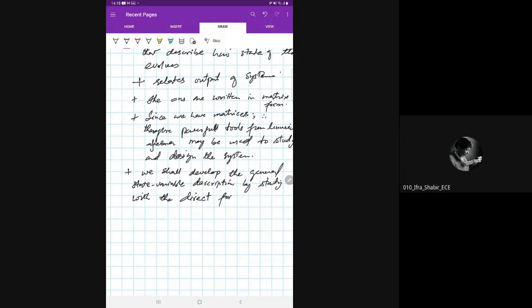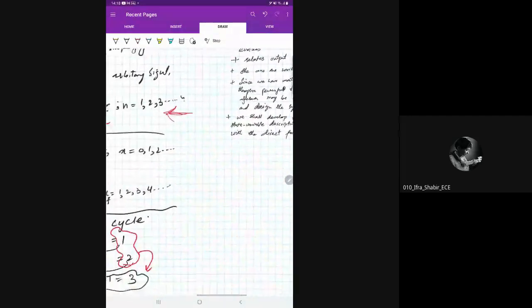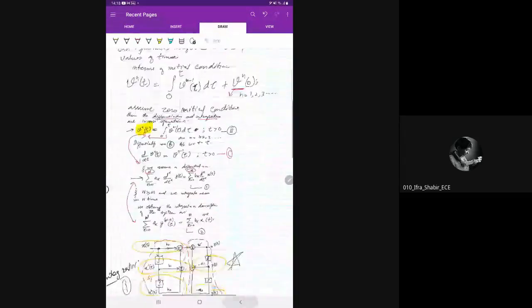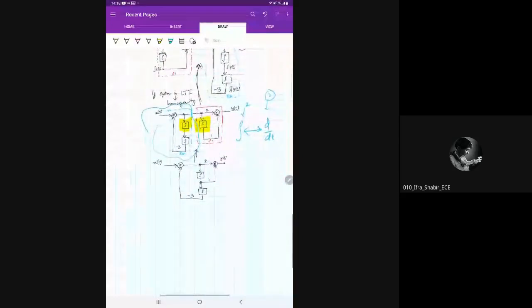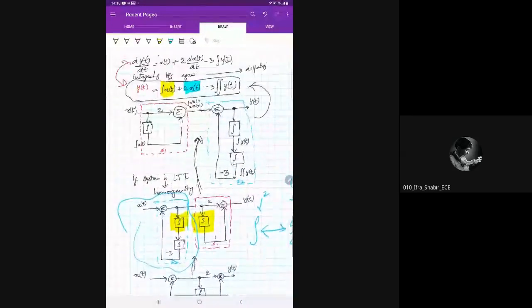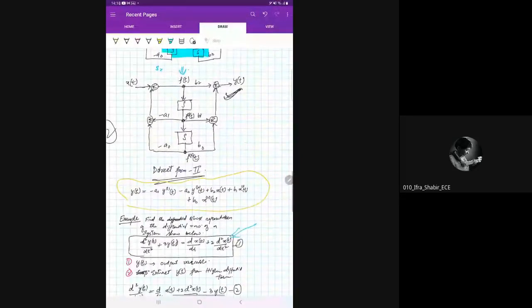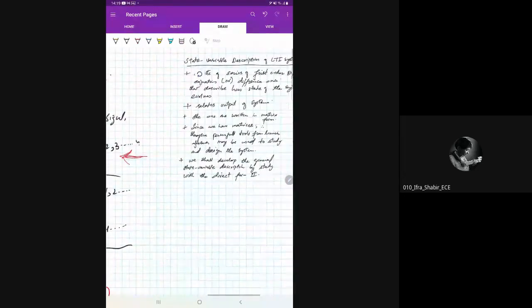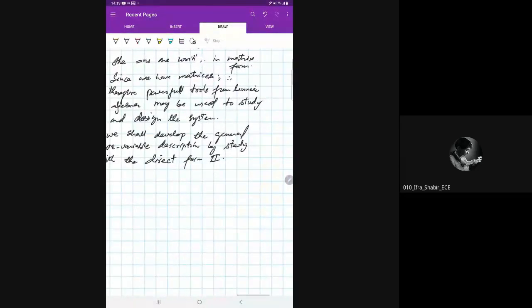Direct form second structure. We already saw the direct form second structure, which is somewhere here. This is a direct form second structure जो हमने पिछली class में already discuss किया है. So we'll take this structure here and we will describe this structure in the form of state variable description.